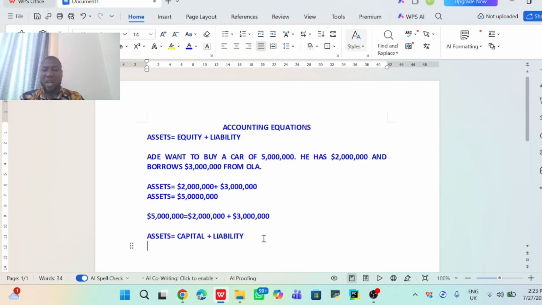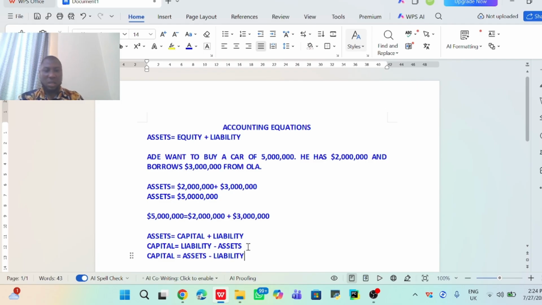And we can also rearrange this. We can say capital equal to asset minus liability.